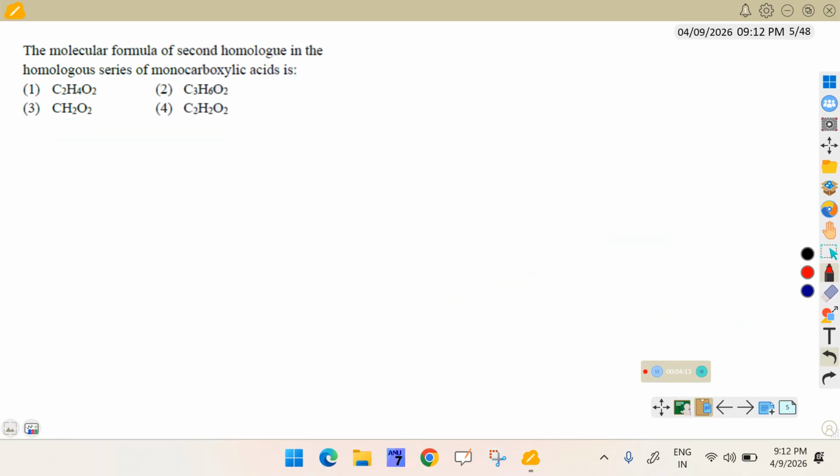The molecular formula of the second homologue in the homologous series of monocarboxylic acid. First of all, what is a homologous series?